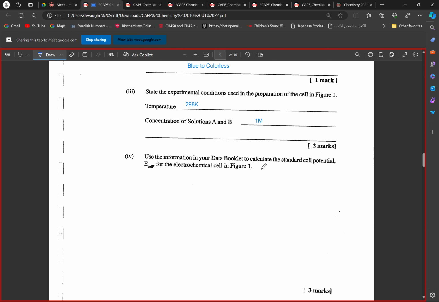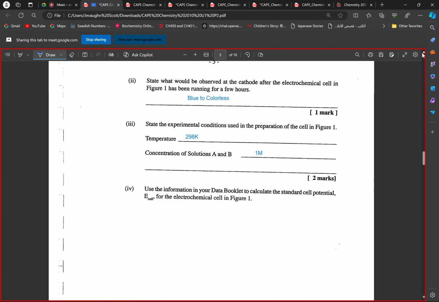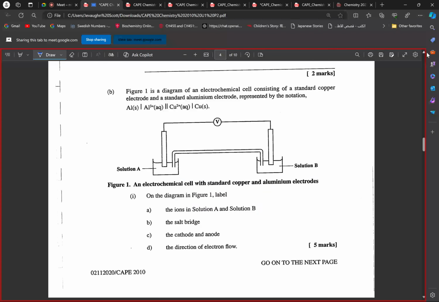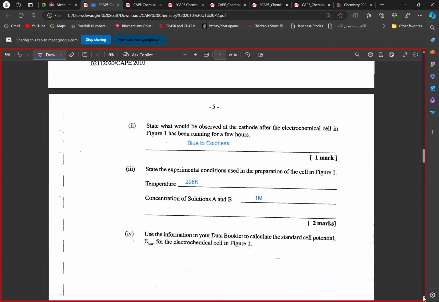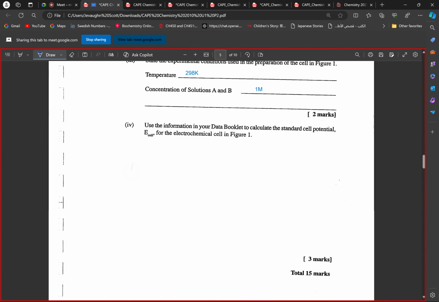From the data booklet that I'm looking at now, we're supposed to calculate the standard cell potential. What we have is aluminium and copper. So we know that E naught of the cell is equal to the cathode minus the anode. Our cathode is copper going to 2 plus, so at our cathode we have a reduction happening, and copper is plus 0.34 volts.